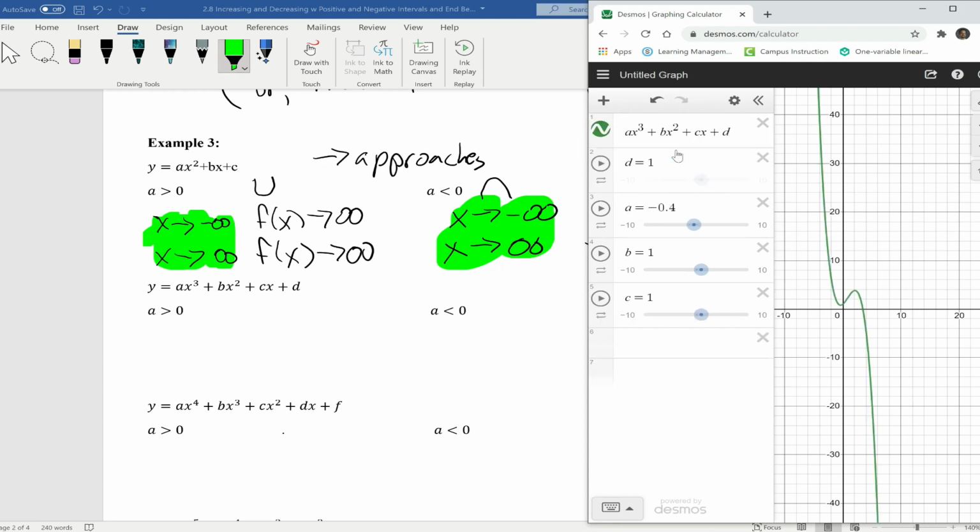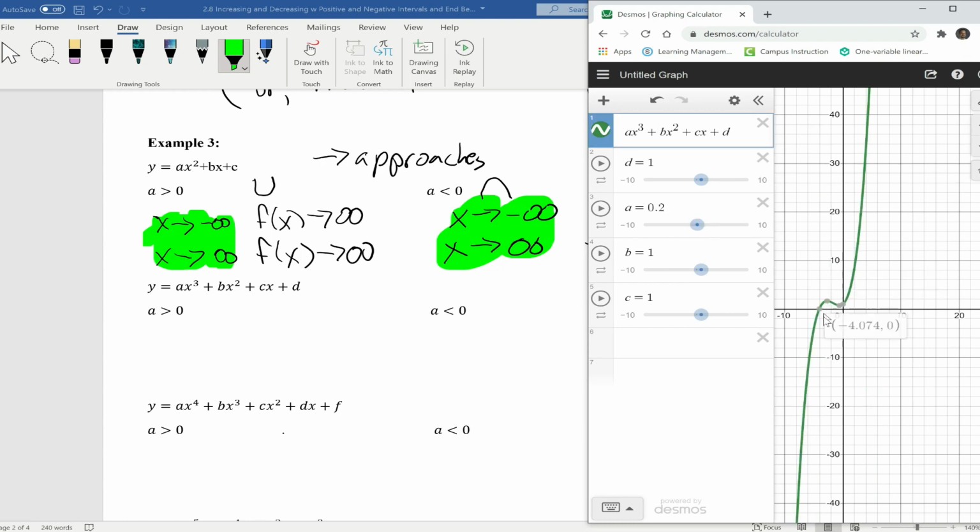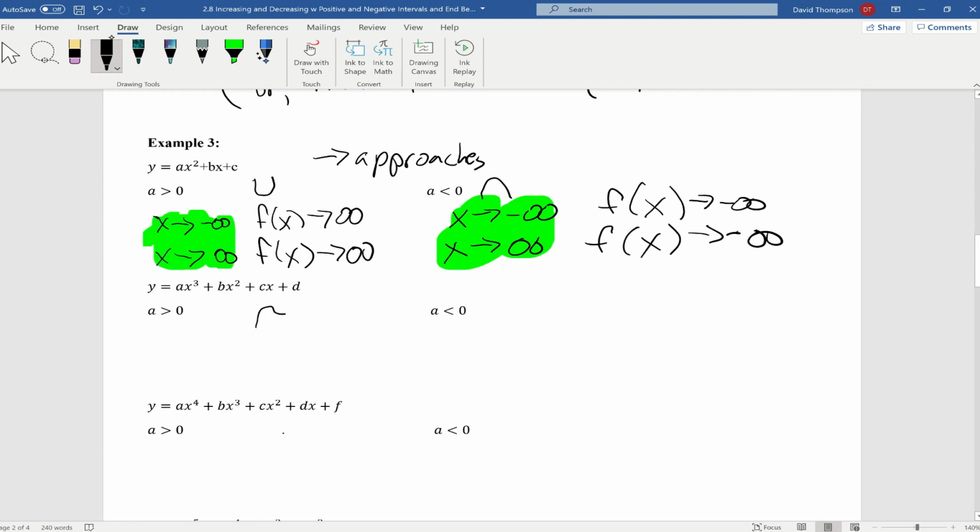So all we care about is our a. So if a is positive, on the left side as x approaches negative infinity, it's going down, it's approaching negative infinity. But on the right side as it approaches positive infinity, it's going to keep going up. So let's just draw what that looks like in general. So that graph looks like that.